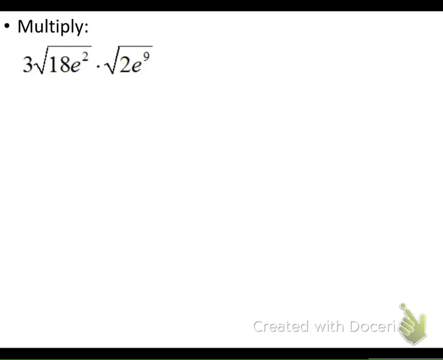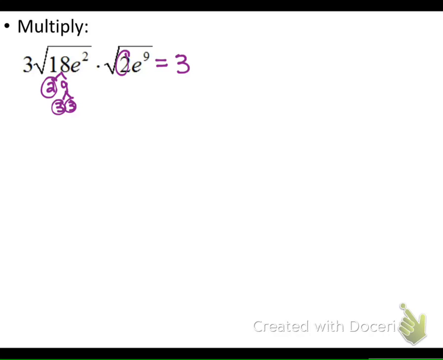So when I multiply my coefficients together, what do I get? It's just going to be the 3 because there's only the 3. Then I factor my radicands. What can be multiplied together for 18? 2 and 9, 3 and 6, either of those work. For 9? 3 and 3. And then can I factor the 2 over here? No, but I'm still going to circle it because I'm going to use that factor.